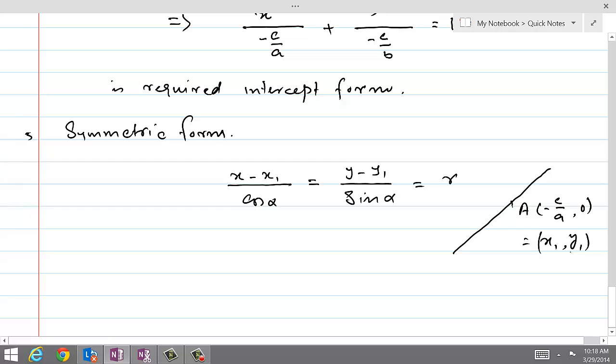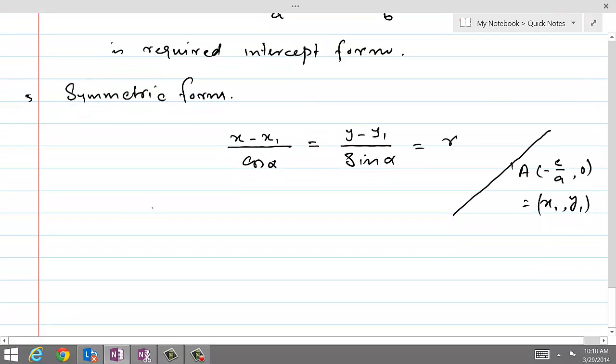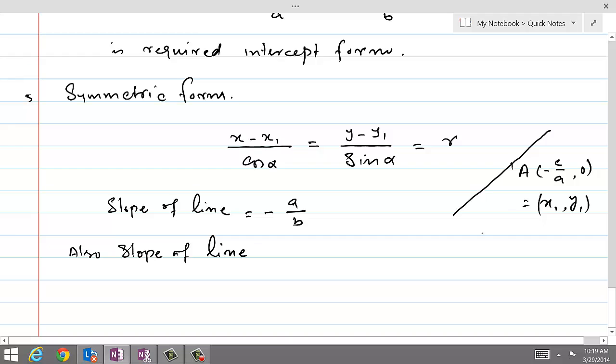For finding the values of sin alpha and cos alpha, we will consider that the slope of the line is equal to minus a over b, but also we know that if the line makes an angle alpha with the x-axis, then the slope of the line is equal to tan alpha as well.